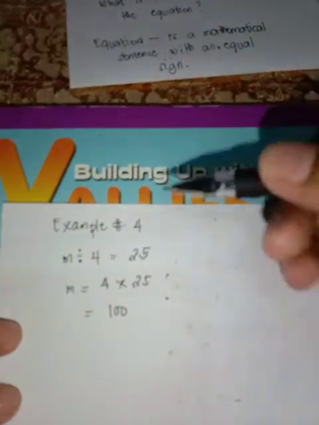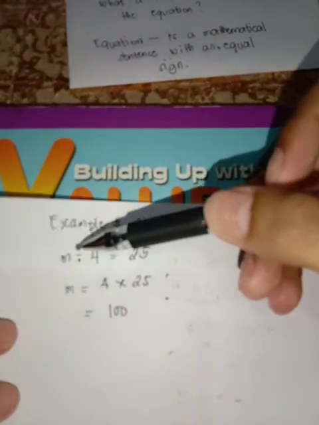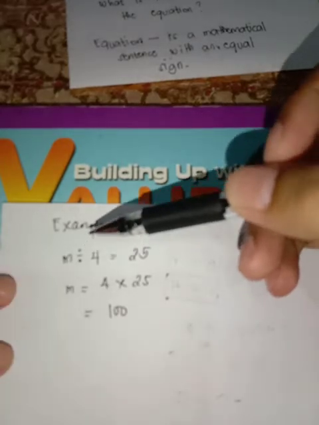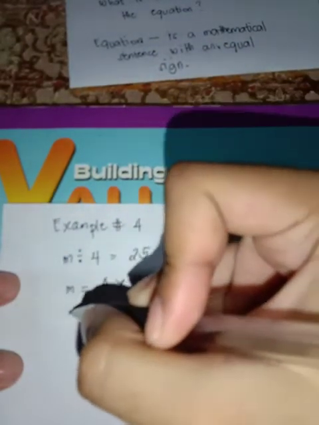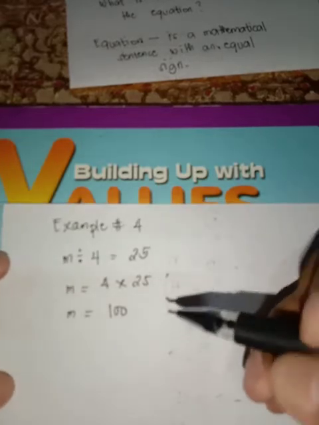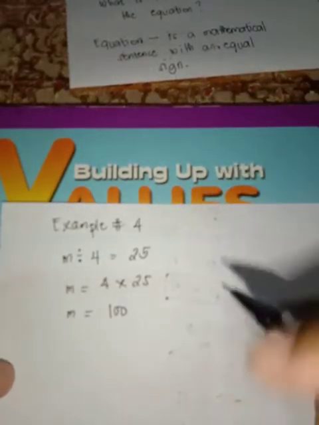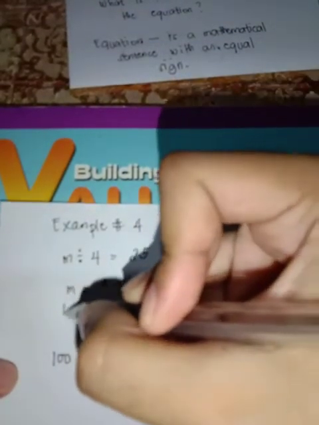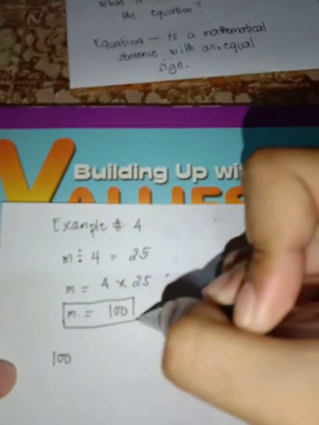So therefore, the missing number here, or the missing divisor or quotient, missing number is 100. So m is equals to 100. If we will rewrite this, pwede natin siyang isulat ng 100 since na-substitute na natin, nakuha na natin yung sagot.